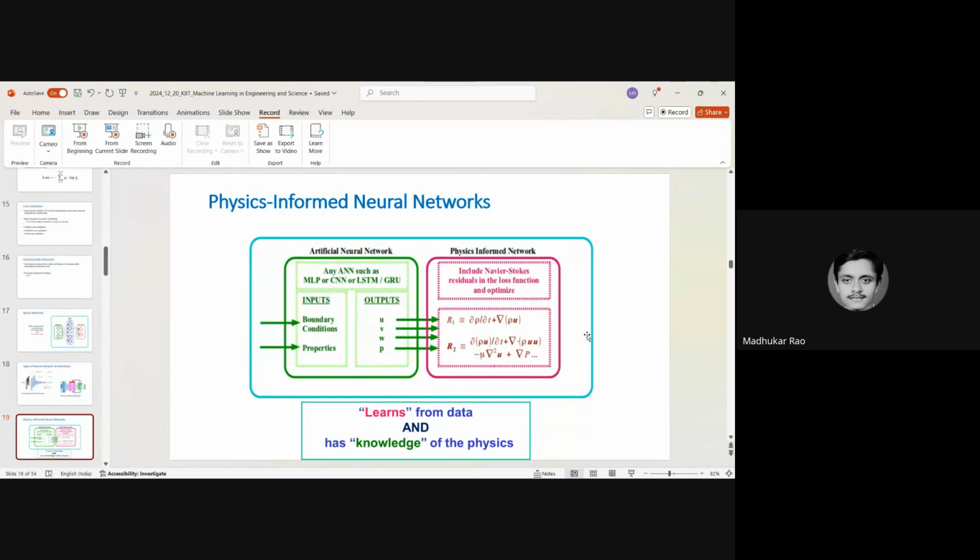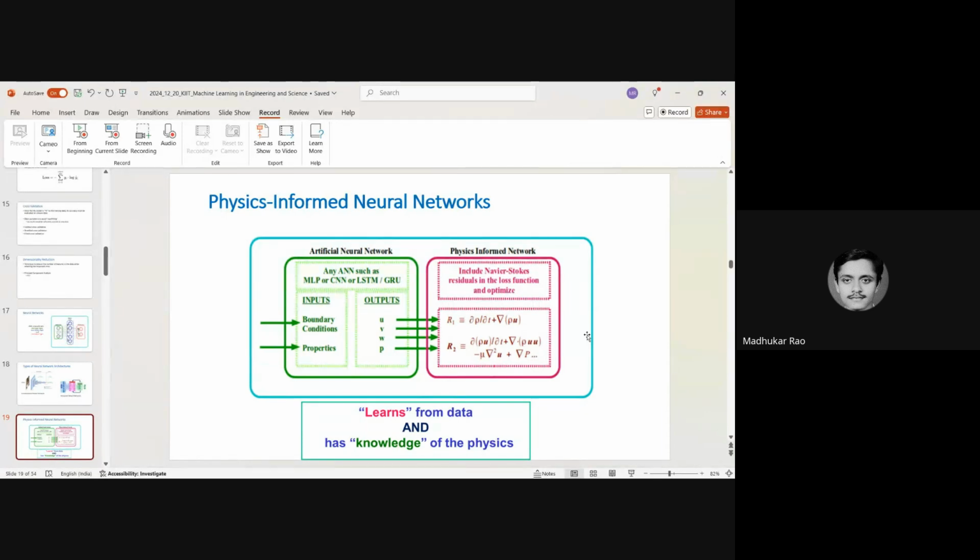Because what we do here is we have a standard neural network, which you see in green on the left-hand side. For example, suppose you are training a model on a fluid flow problem. Your inputs are typically your boundary conditions and material properties, density, viscosity, specific heat, and so on, depending on whether you're solving a combined flow and heat transfer problem or whatever.